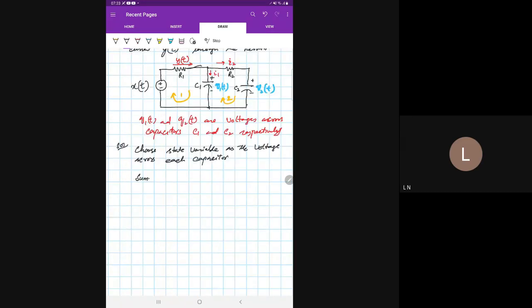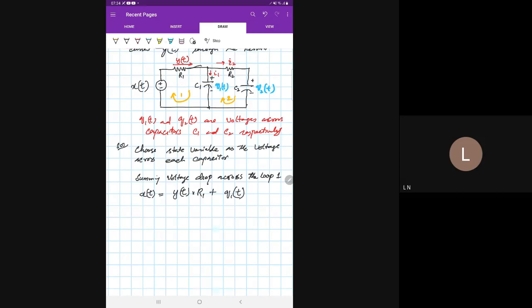Now the second step would be summing voltage drops, that is applying KVL across loop 1. So we will have x of t, a voltage, equal to y of t, the current, into resistance R1, which gives voltage, plus q1 of t.